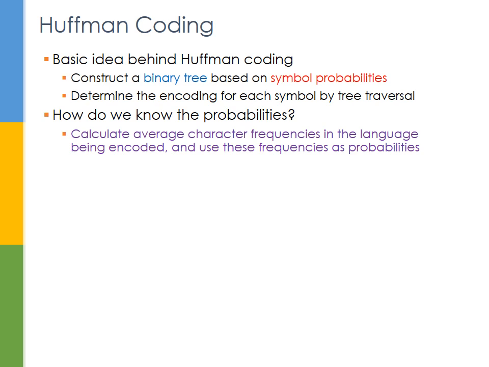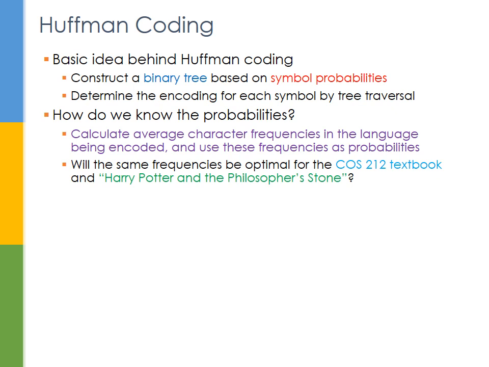Additionally, we run into a problem when we're dealing with different kinds of documents. Let's consider, for example, the COS 212 textbook versus a novel like Harry Potter and the Philosopher's Stone. We would expect that these two documents would be made up of text that consists of very different vocabularies.